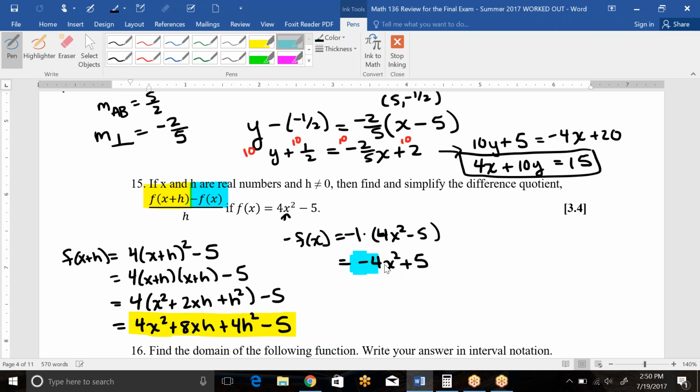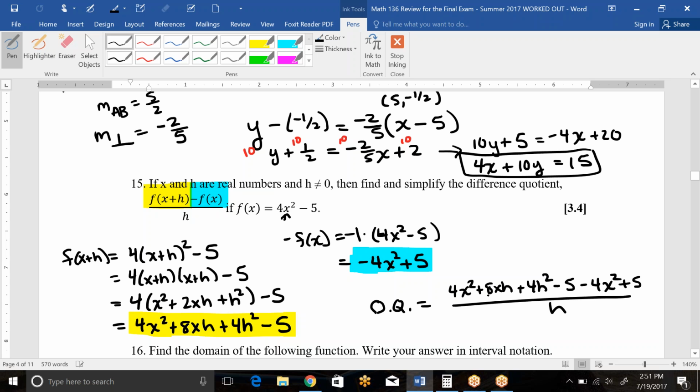Now that's not our final answer because this is just me working out the two individual tops. So my difference quotient is going to be the yellow on top first, and then the blue. You don't need to write minus because we've already taken care of the negative sign, so it's already been done, all over h.